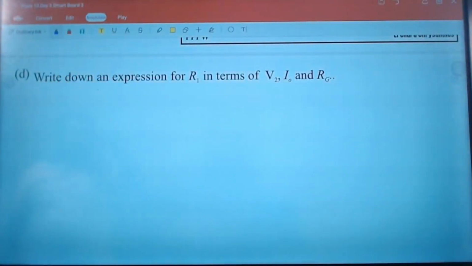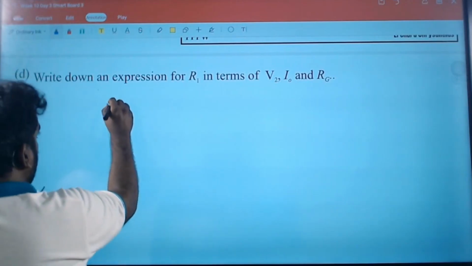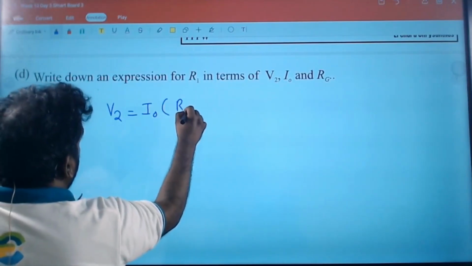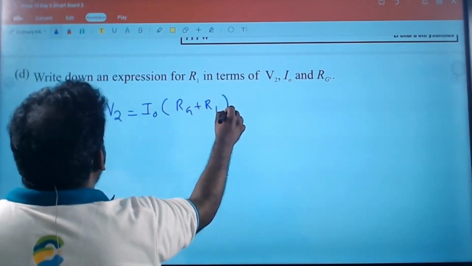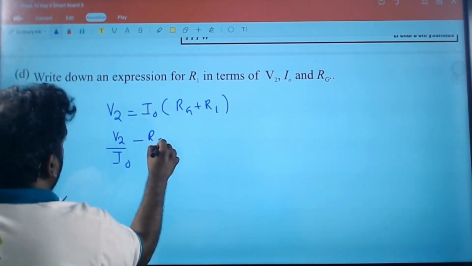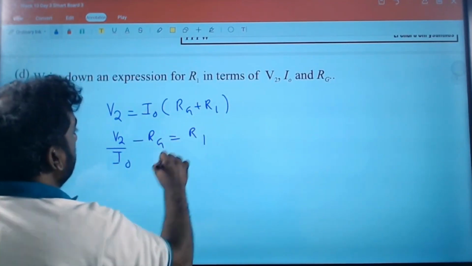Write an expression for R1 in terms of V2, I0, Rg. Total voltage is equal to full scale deflection I0 times Rg plus R1. V2 over I0 minus Rg equals R1.